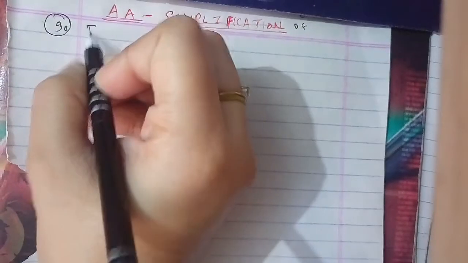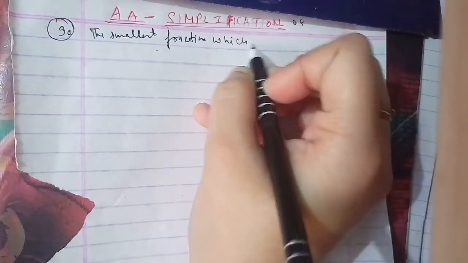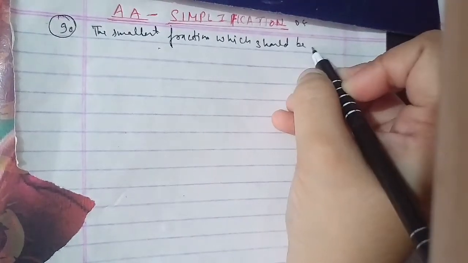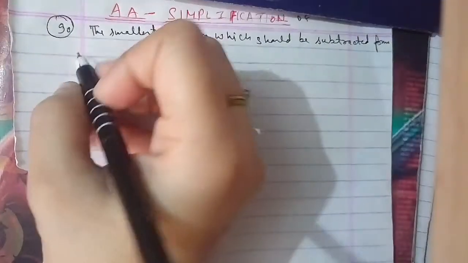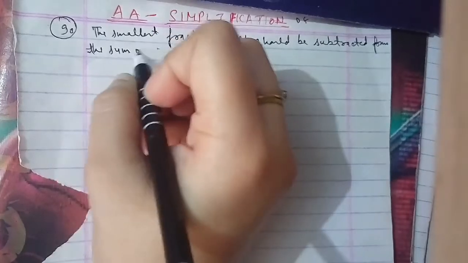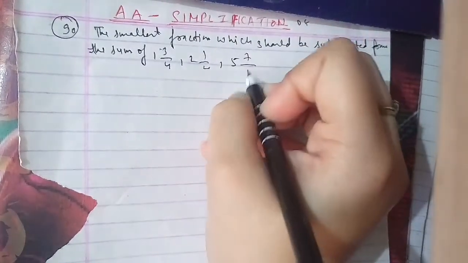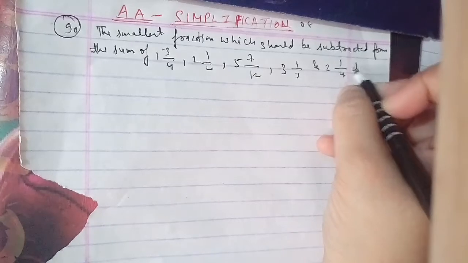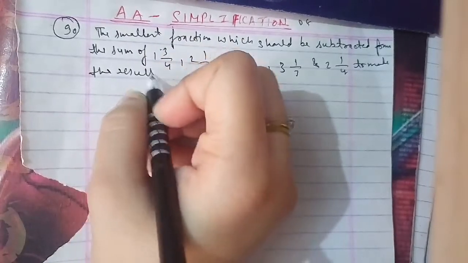The smallest fraction which should be subtracted from the sum of 1 3 by 4, 2 1 by 2, 5 7 upon 12, 3 1 by 3 and 2 1 by 4 to make the result a whole number is.